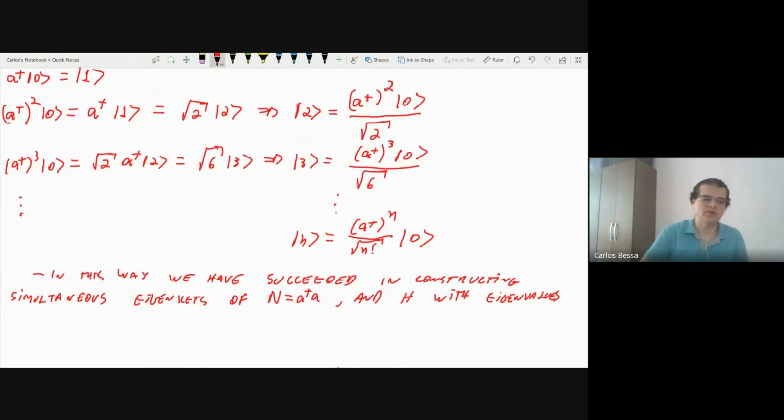The eigenvalues of the energy are (n plus 1/2) h bar omega, with n equal to 0, 1, 2, 3. This was the only thing I missed in the last lecture.